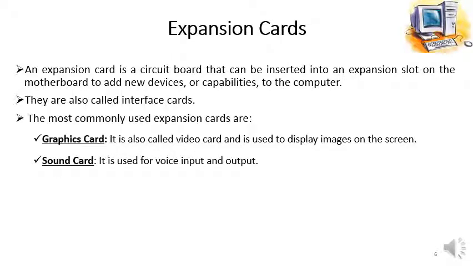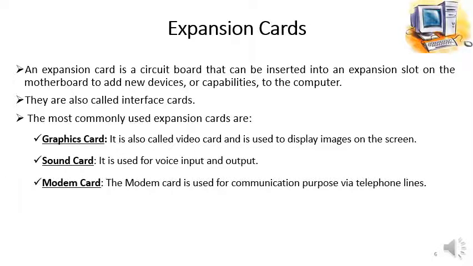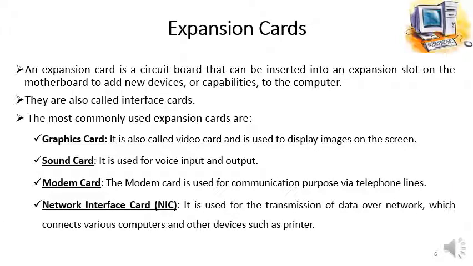Further, we have the sound card, used for voice input and output. Modem card, used for communication via telephone lines. Network interface card, used for the transmission of data over a network, which connects various computers and other devices such as a printer. So these are different commonly used expansion cards.